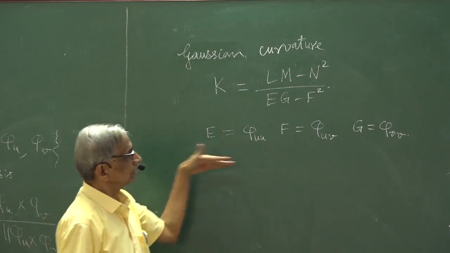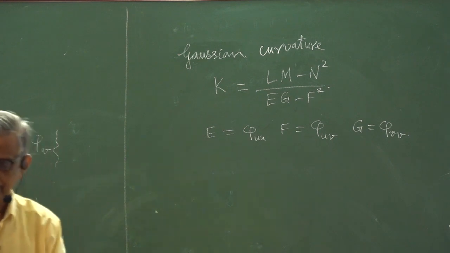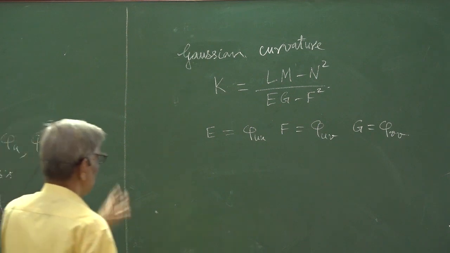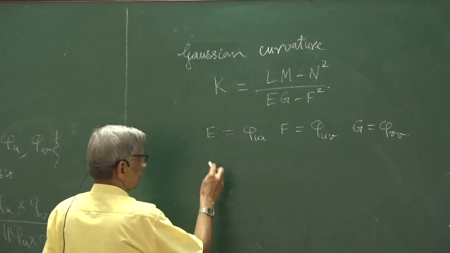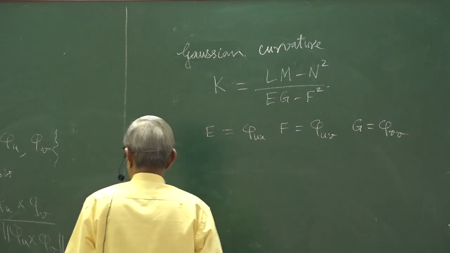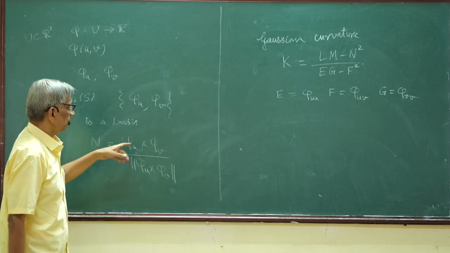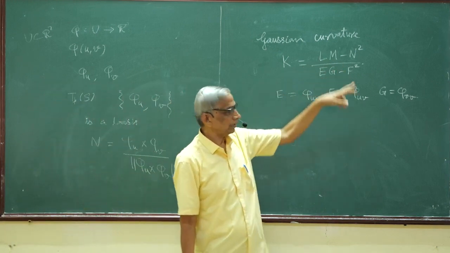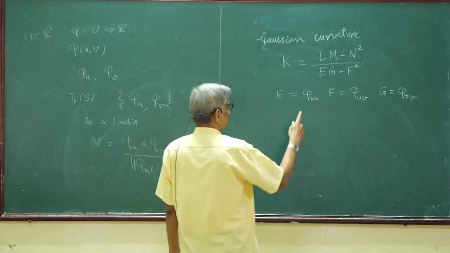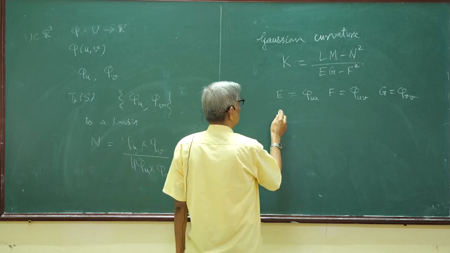So this purely involves only the inner product in R3, right? It doesn't involve the second fundamental form, but these L, M and N are going to be in terms of both phi and N here.